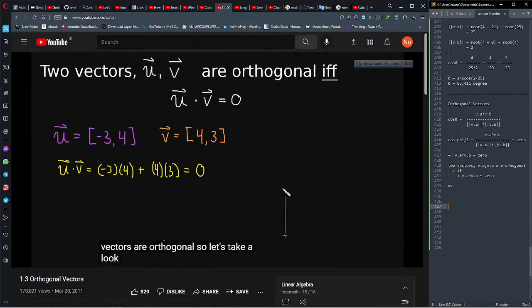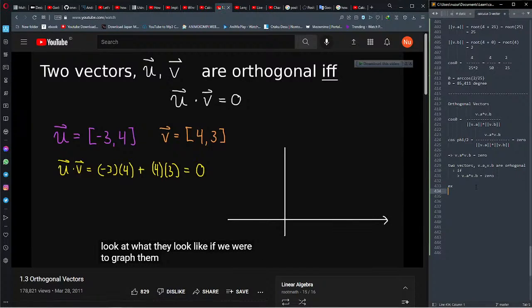So let's take a look at what they look like if we were to graph them. So u is -3, so we'll go over 3 up 4, -3, 4. So it's kind of a rough sketch. And then v is +4 and up 3, so about there.